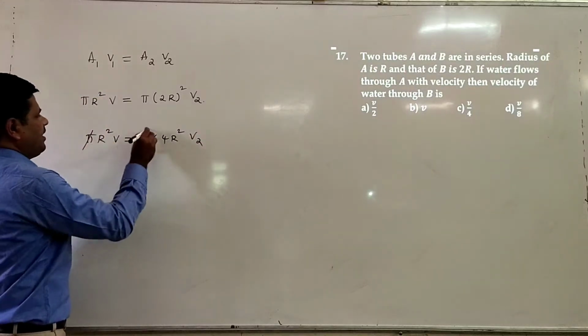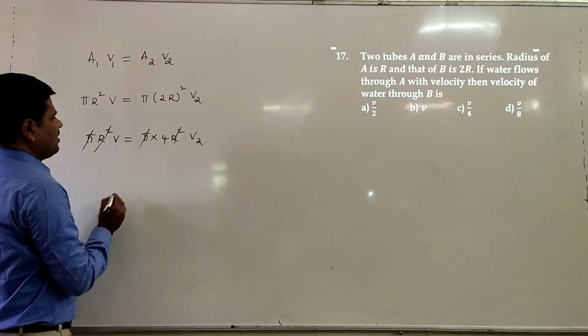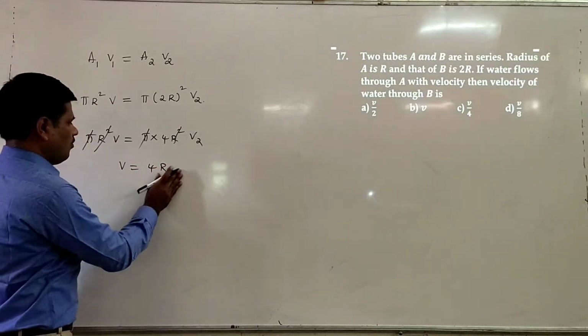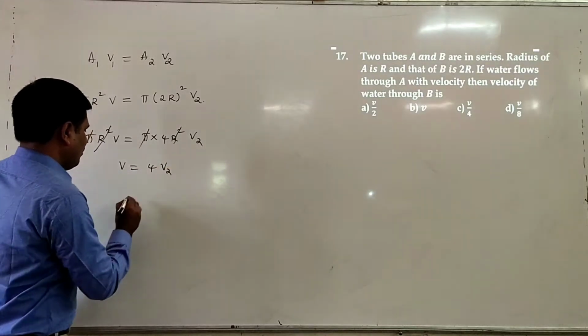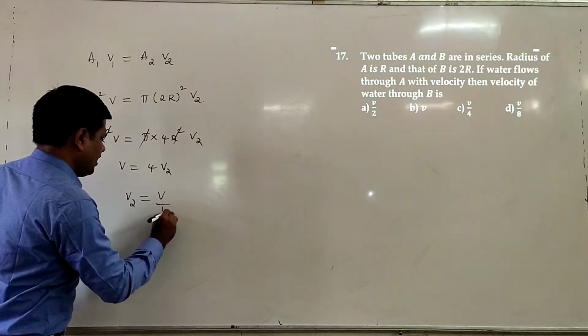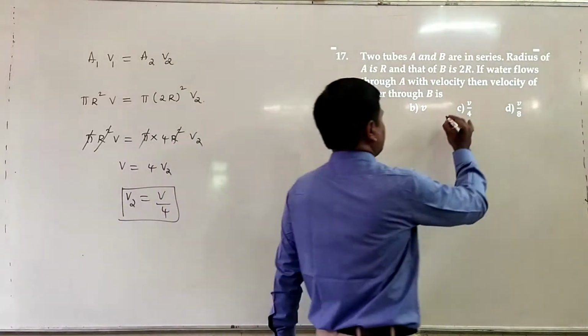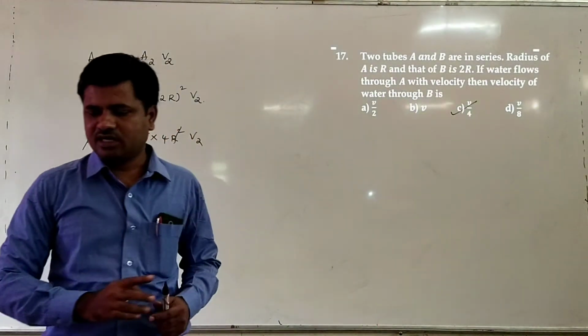Here pi gets cancelled, R square gets cancelled. Now V is equal to 4 V2. Now V2 is equal to V by 4. Which option is correct here? C option is correct here.